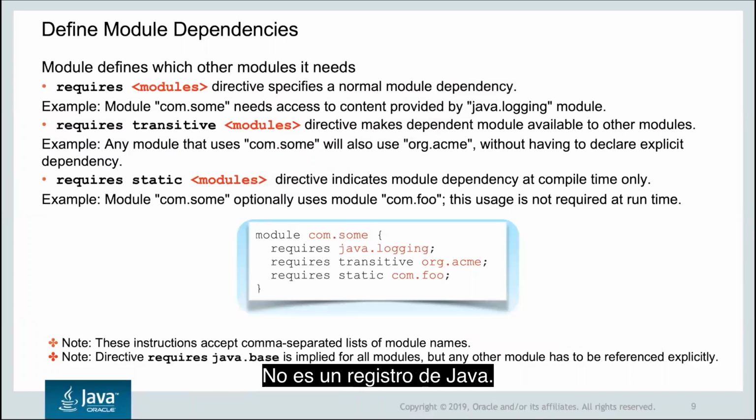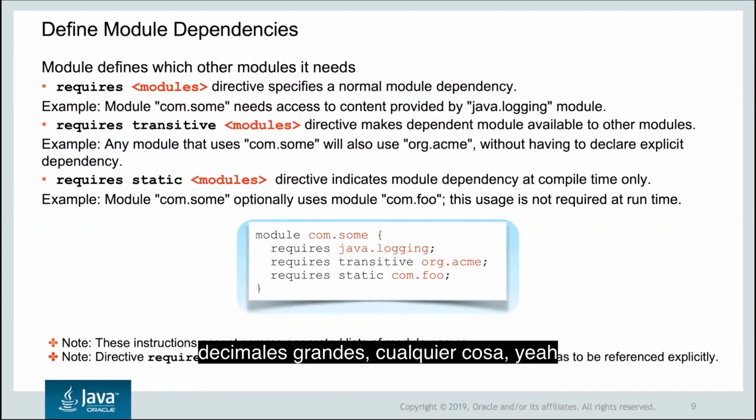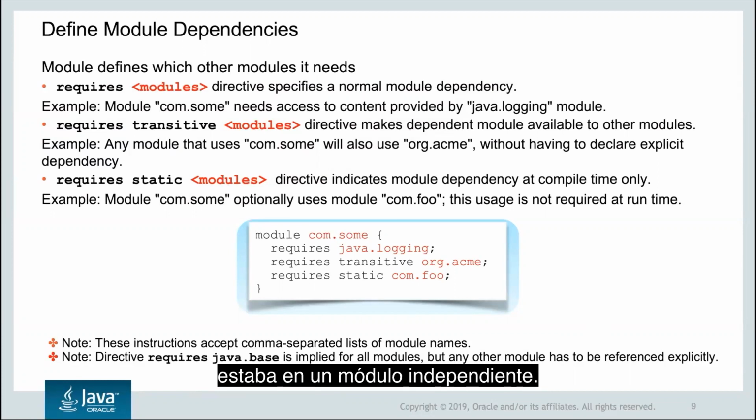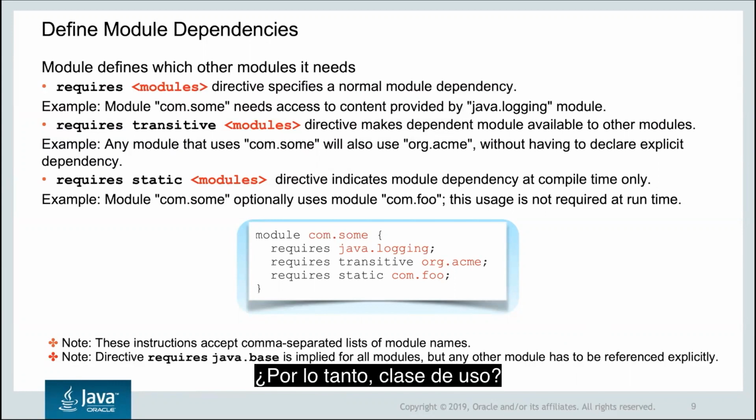That wasn't java.base. But everything else, like Object, String, System, collections, LocalDate, BigDecimal, whatever you were looking at throughout this course, except the logging API, which was in a separate module, everything else was in java.base, basically. So you use that anyway. It's an implicit dependency.